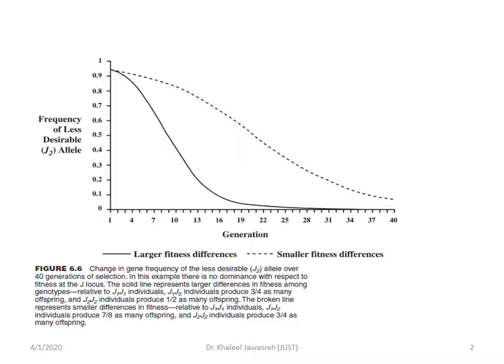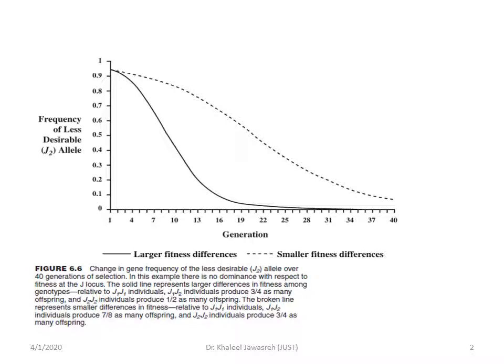The broken line in this figure represents smaller differences in fitness: relative to J1 individuals, J1J2 individuals produce seven-eighths as many offspring, and J2 individuals produce three-quarters as many offspring.